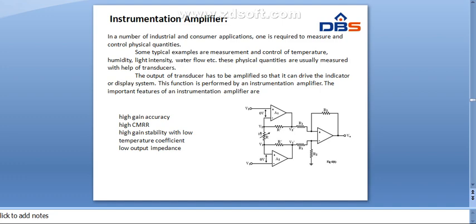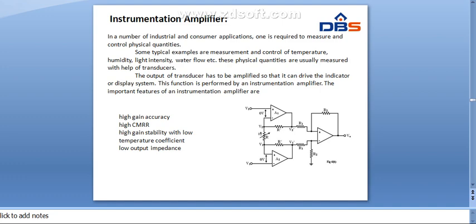Next, the input impedance depends on the input impedance of the non-inverting amplifier, which is very high. And the output impedance is the output impedance of the op amp A3, so it is very low.